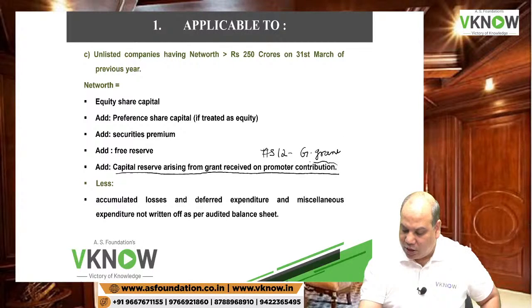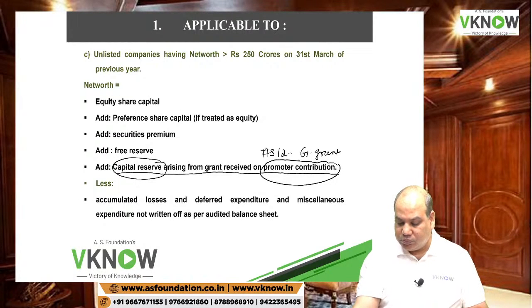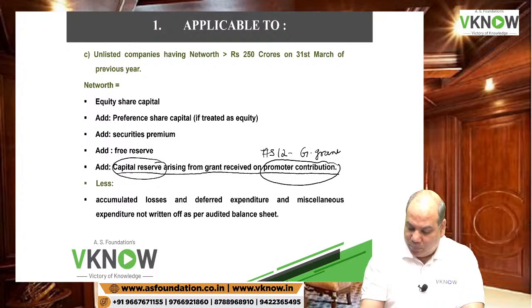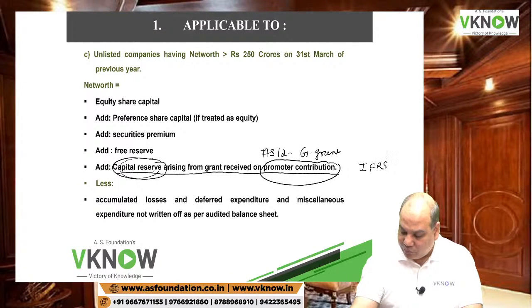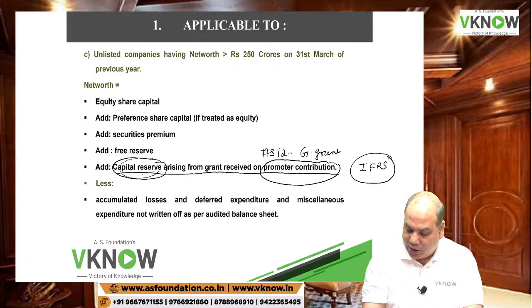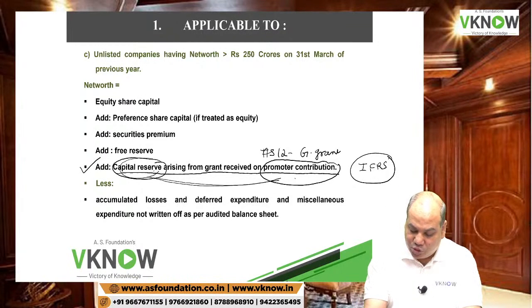There you have studied that a grant in the nature of promoter's contribution is credited to capital reserve. Now, if your previous standard had credited capital reserve, so it is appearing in your books, add that also. IFRS has allowed the capital reserve on promoter's contribution to be treated like a free reserve. So this is one thing which you have to know.